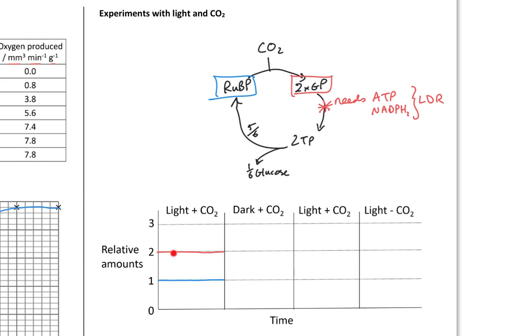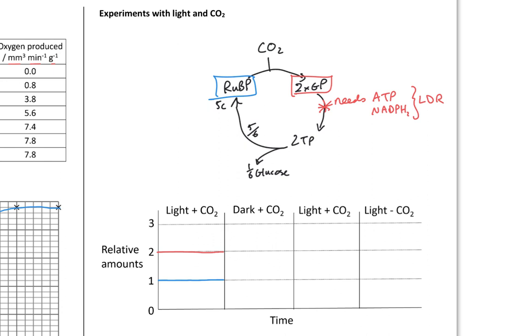Why is there twice as much GP as RUBP? Because when we carboxylate RUBP, that's a 5 carbon compound, it gives 2 times 3 carbons, so 1 RUBP gives me 2 GP, hence why it goes 1 and 2.